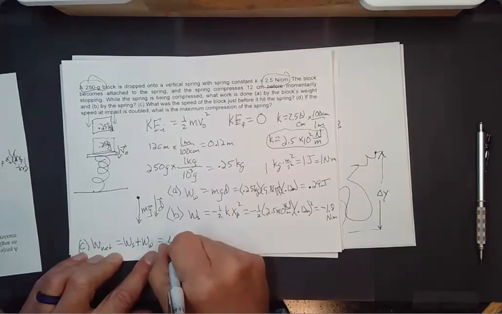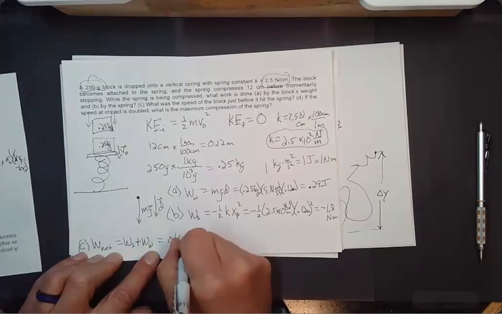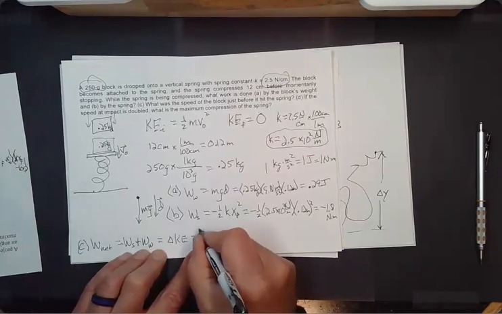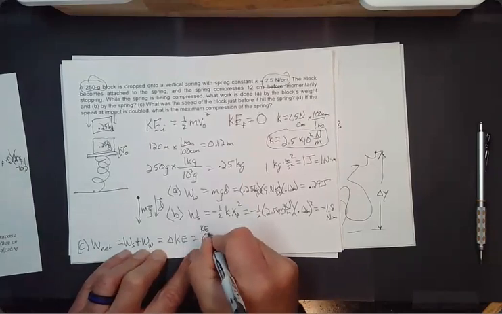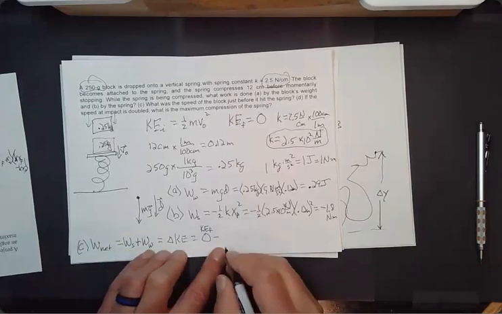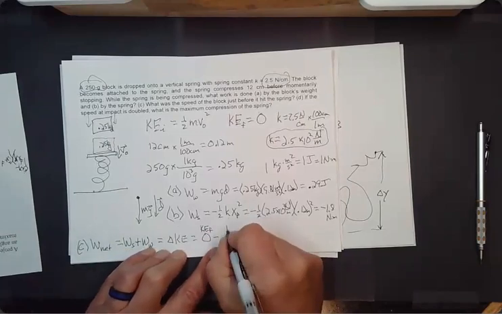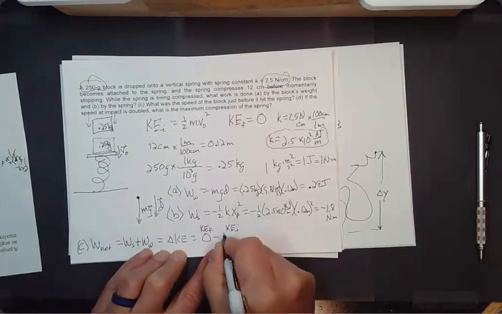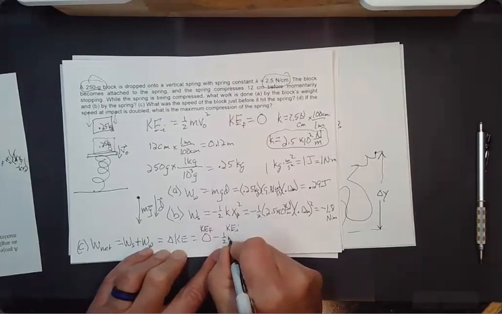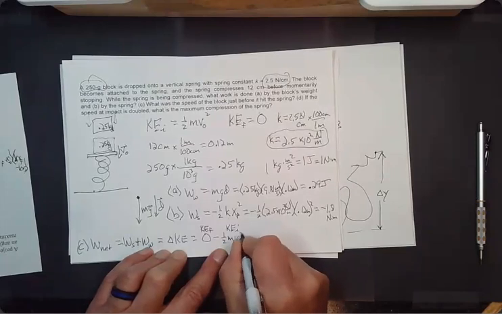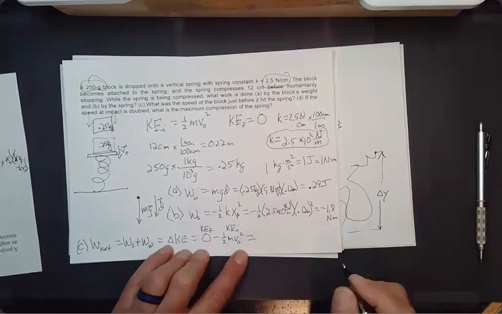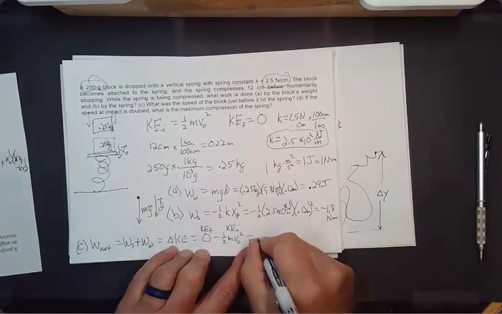That would equal the change in kinetic energy, which is the final kinetic energy, KE final, minus the initial kinetic energy, KE initial, and the initial was the 1/2 mv naught squared. Okay, well, that will equal, I've got minus 1.8.